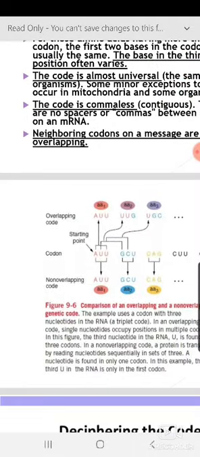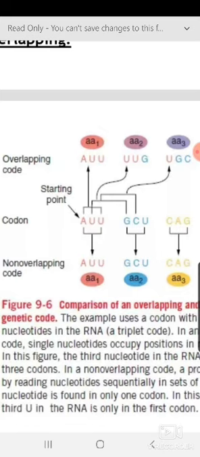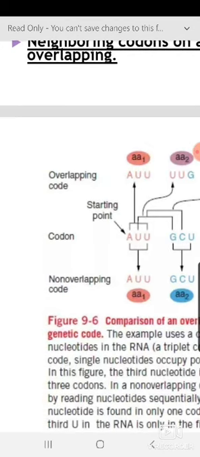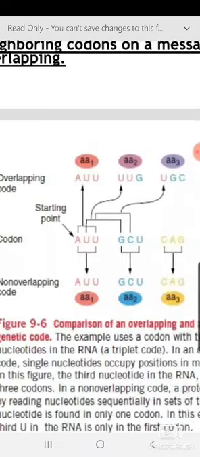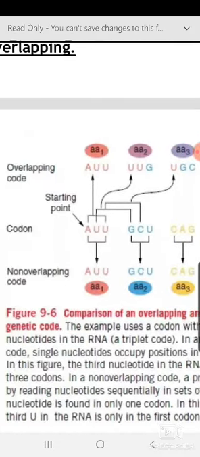Now, as I just finished by saying non-overlapping, if it were overlapping, how can you think about what the triplet actually is? These three you can visualize. This is the middle line; we see the codons AUU, GCU, CAG, like that, three letters we are reading. Now if it is overlapping, how are we going to read it?